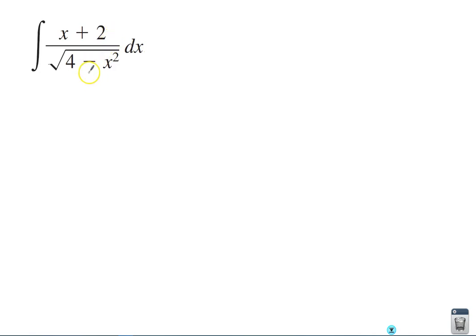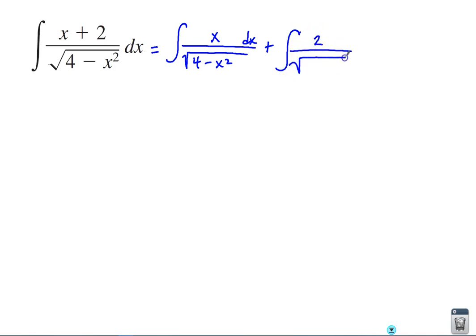Well, in this situation, when I have x plus 2 in the numerator, I could split this integral up into 2 separate integrals. I can make this the integral of x over the square root of 4 minus x squared dx, plus the integral of 2 over the square root of 4 minus x squared dx.